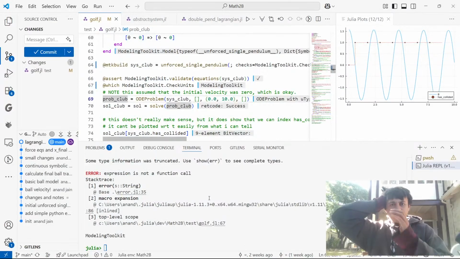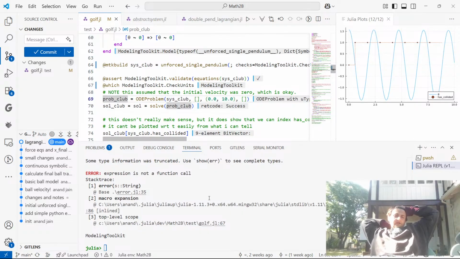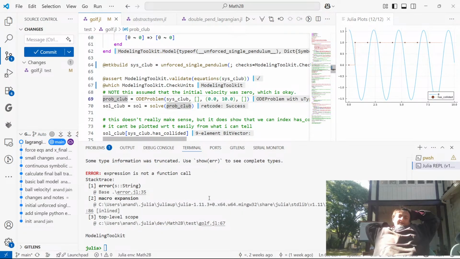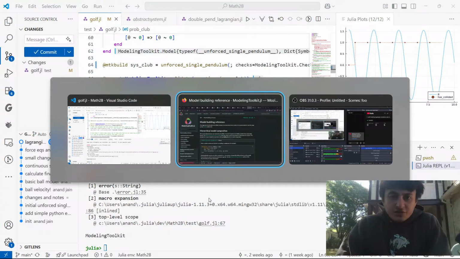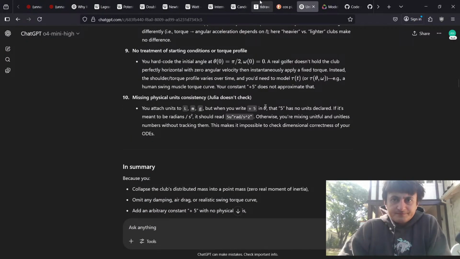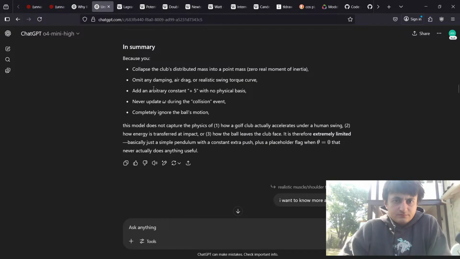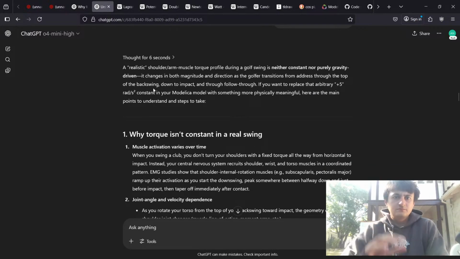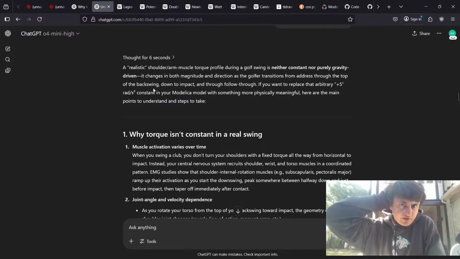What we need to do is get back to the torque with respect to time stuff. A realistic shoulder arm muscle torque profile during a golf swing is neither constant nor purely gravity driven.